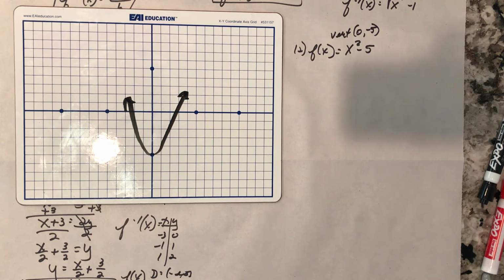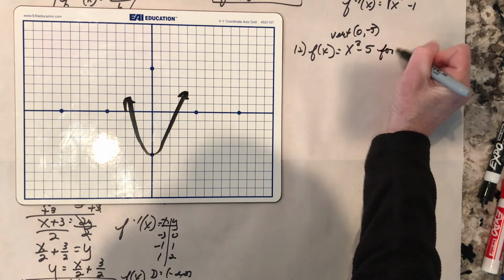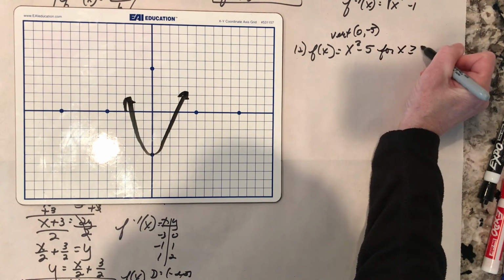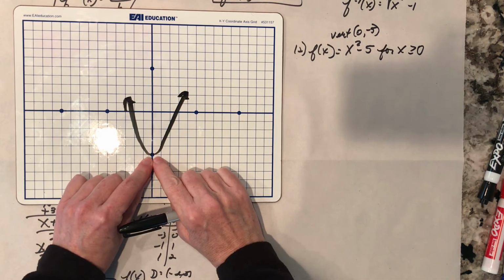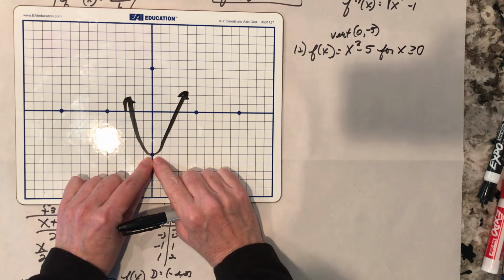On my MyMathLab, I didn't write it on here, and I should have, but what we're looking at here, your MyMathLab problem will say for x is greater than or equal to 0, I think it says. So what that means is that the x coordinates have to be greater than or equal to 0.